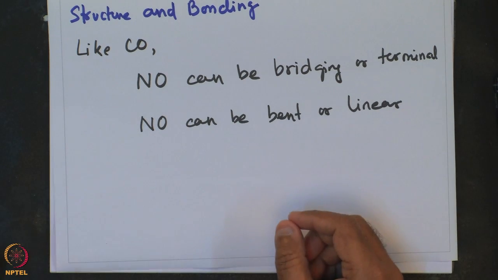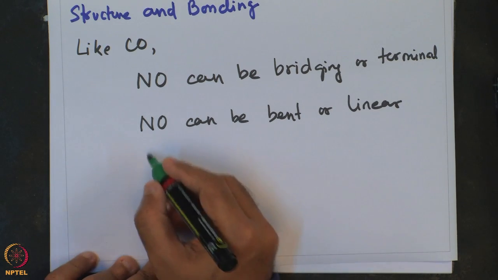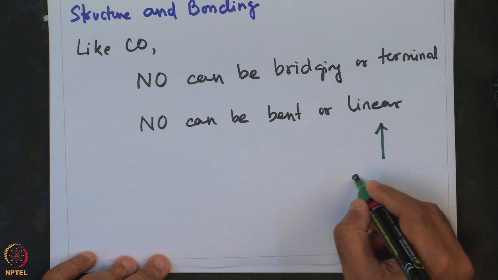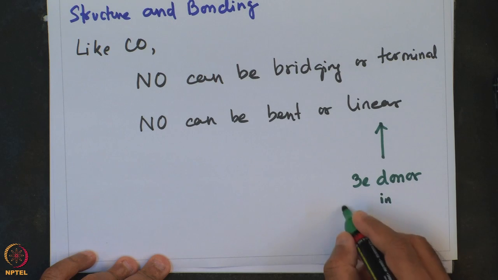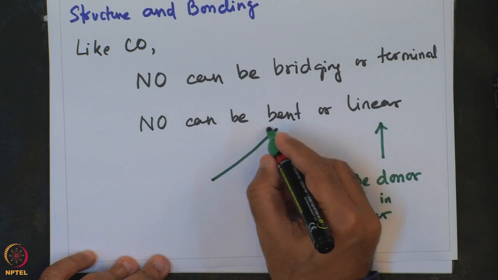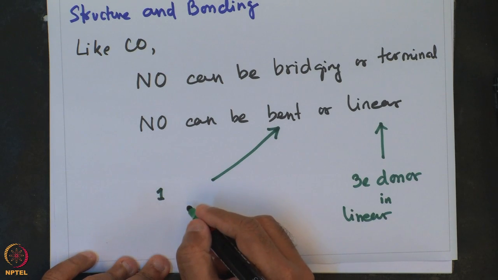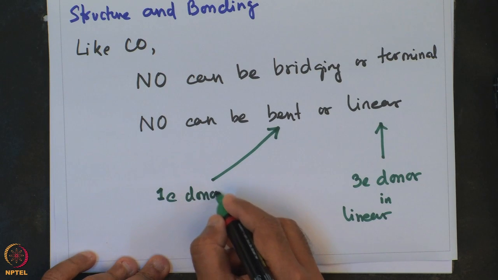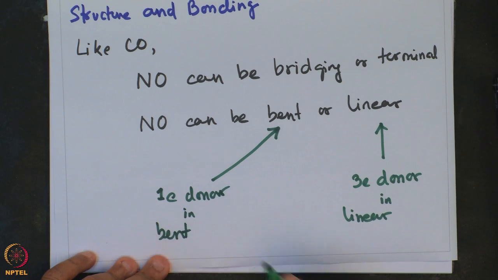For example, in a linear binding, NO is a 3 electron donor, and it is a 1 electron donor in bent binding.